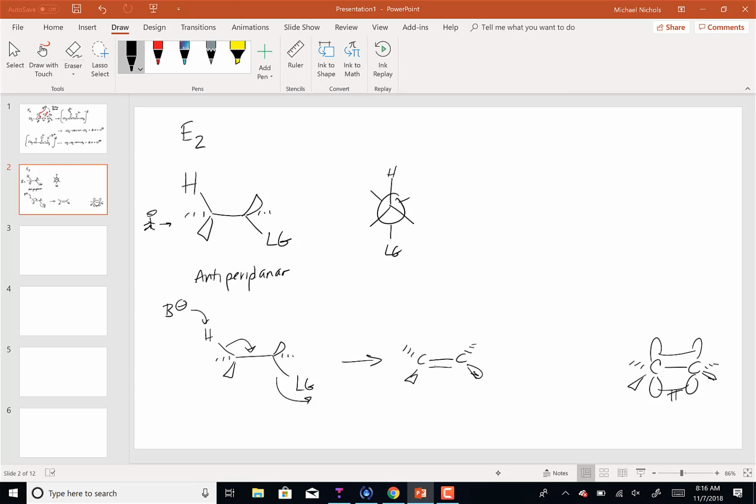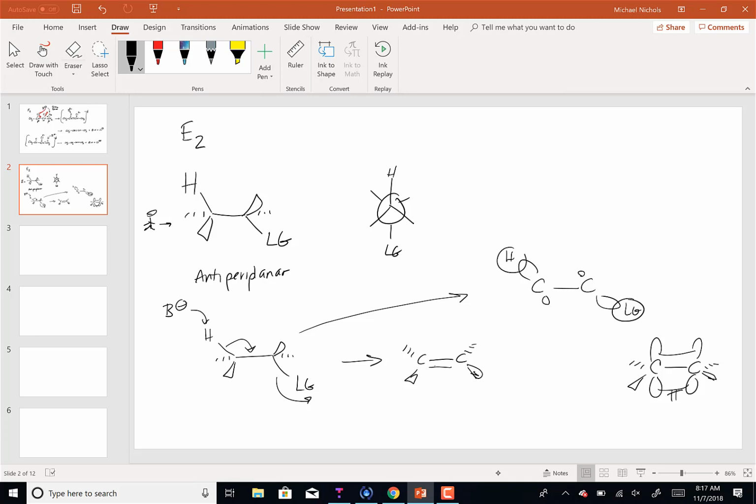So the reason that we have to have the hydrogen anti-periplanar or anti, and not skewed or gauche, not periplanar on the same side, which would be eclipsing, is because if you look at the orbital picture of this, your carbon's going to kind of look like that, and then over here the carbon that's attached to the leaving group is going to look like that.